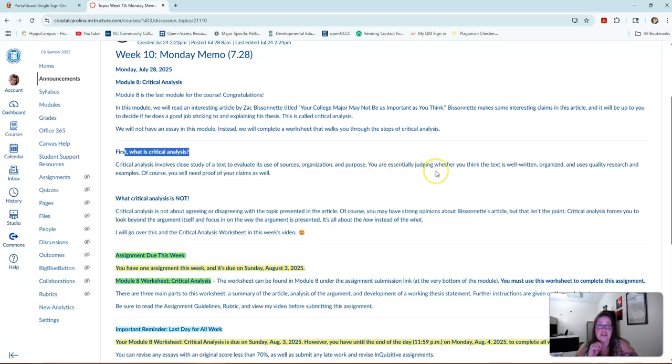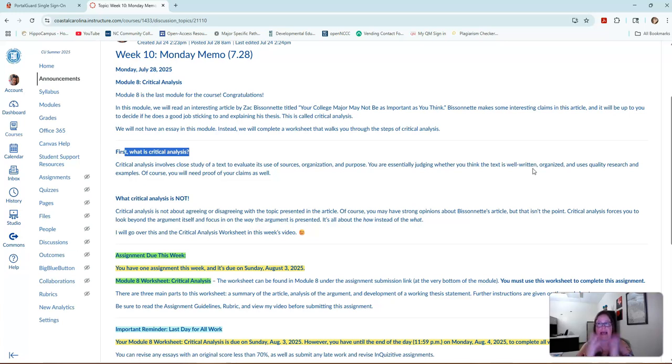You are essentially judging whether you think the text is well written, organized, and uses quality research and examples. And of course, you're going to need to prove this. So if you say this article uses good sources, then you're going to need to say, for example, on this page, the article says this is a good source. So you're going to be very specific.